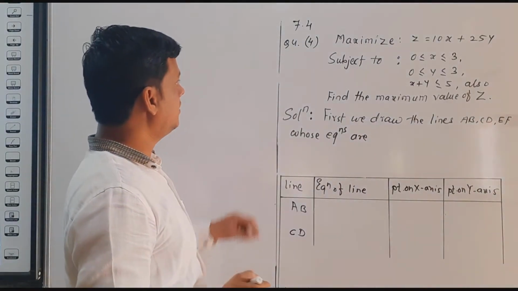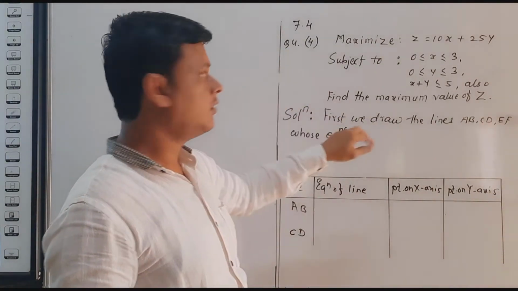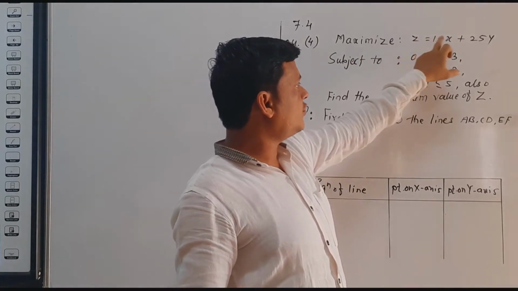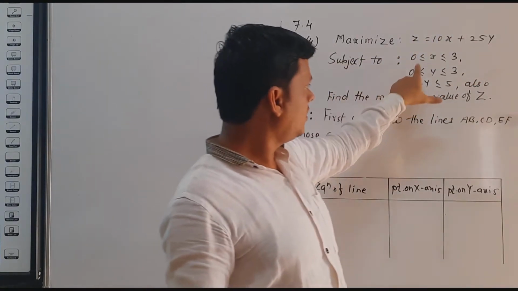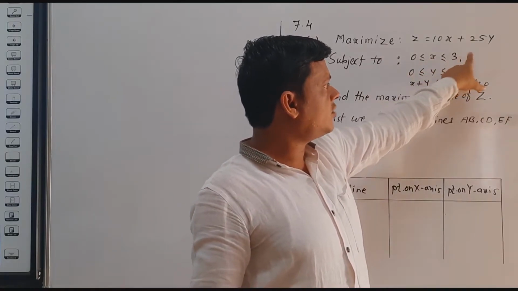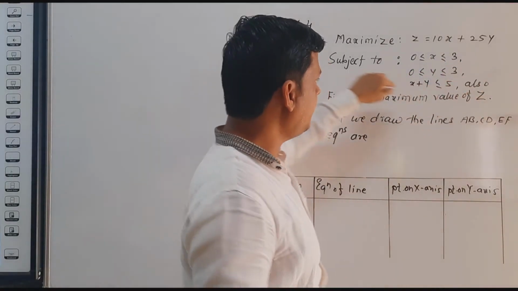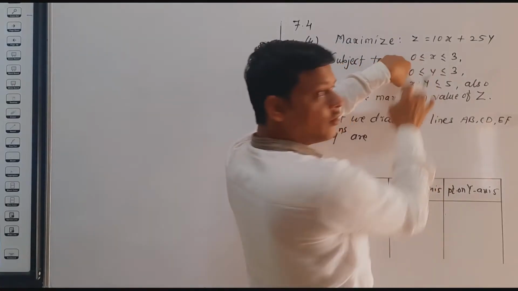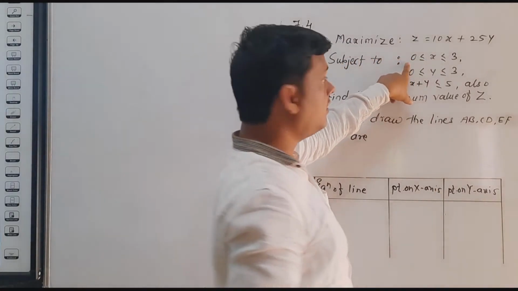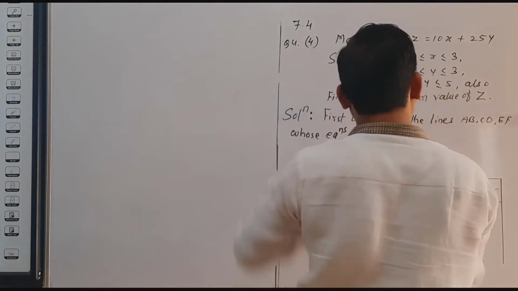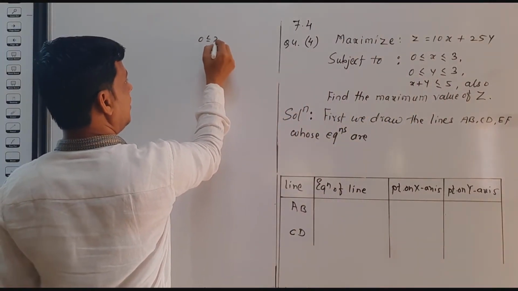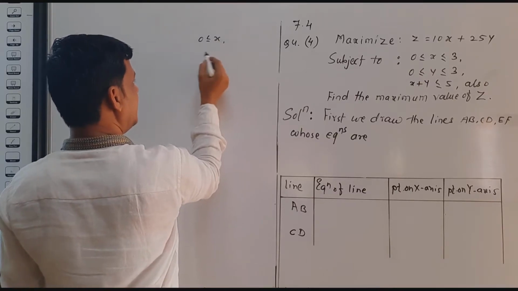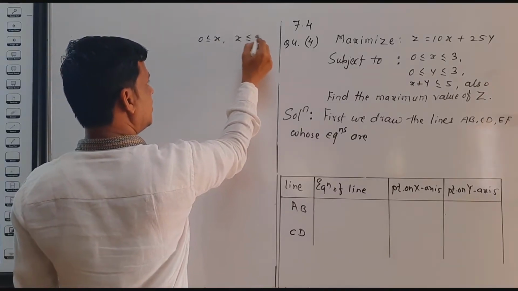Now see question number 4. Maximize z equals 10x plus 25y subject to 0 less or equals to x less or equals to 3. That means here two hidden conditions are given. First hidden condition is 0 less or equals to x, and second condition is x less or equals to 3.